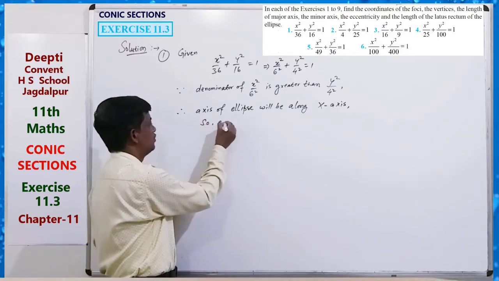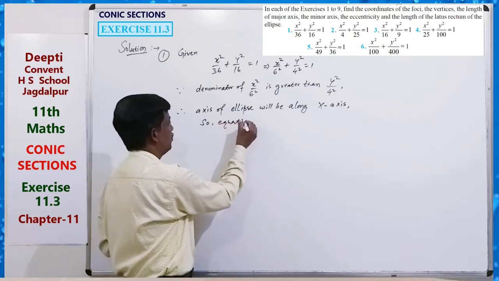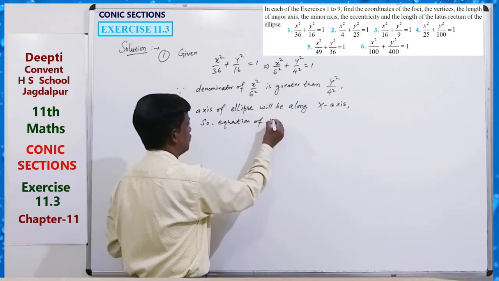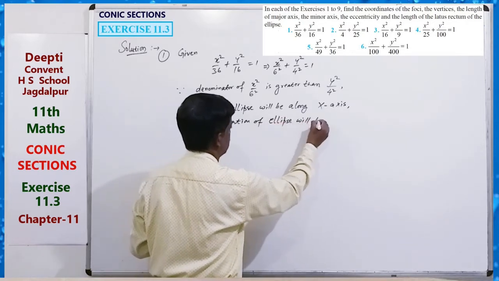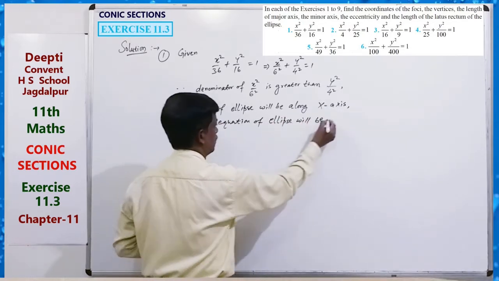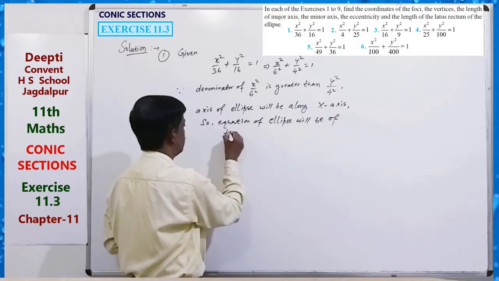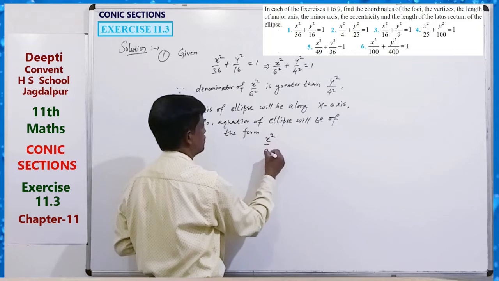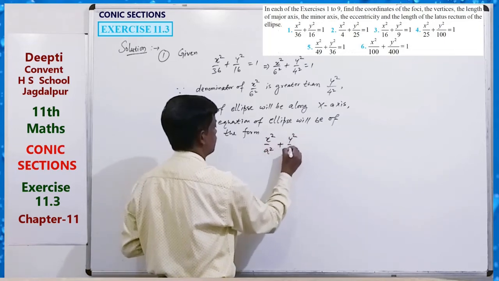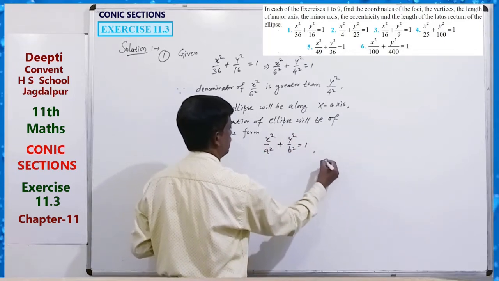So the equation of ellipse will be of the form x square by a square plus y square by b square equals 1, a greater than b.